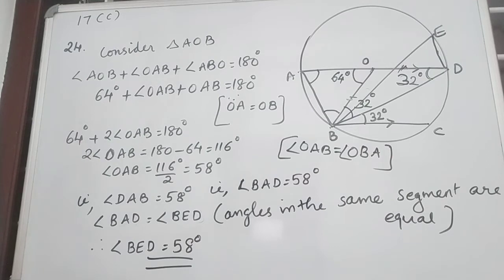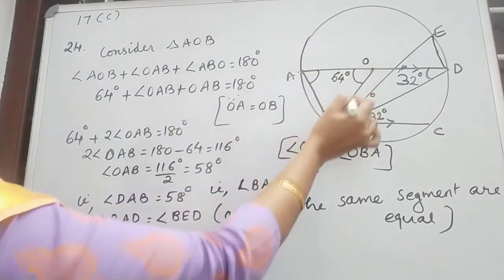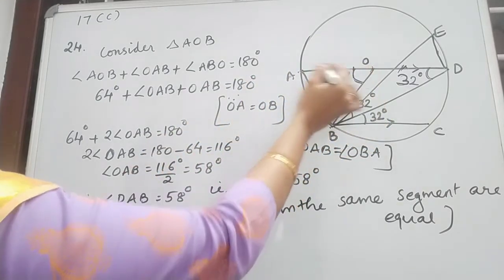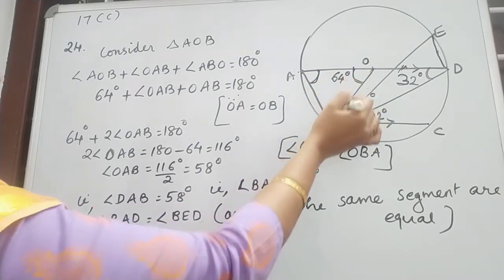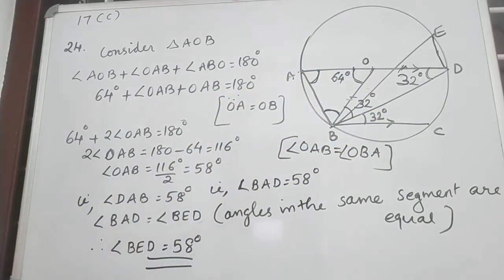If you are considering triangle AOB, the sum of angles of a triangle is 180 degrees. So we can write angle AOB plus OAB plus ABO is 180 degrees. We call it the angle sum property.